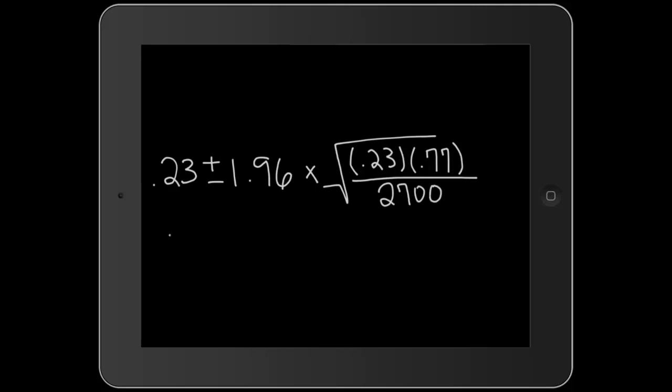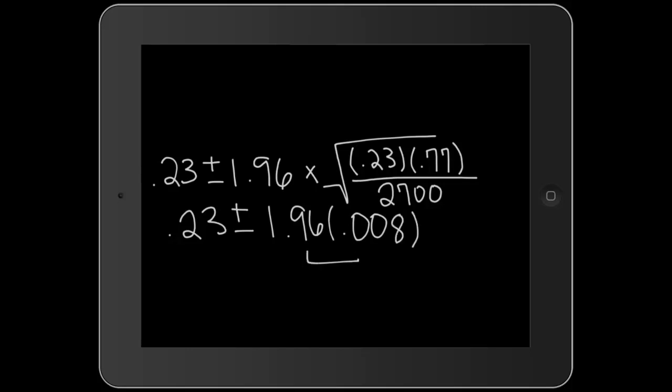And you do the square root, and you end up getting 0.008, and then you multiply these two numbers, and you get 0.02.